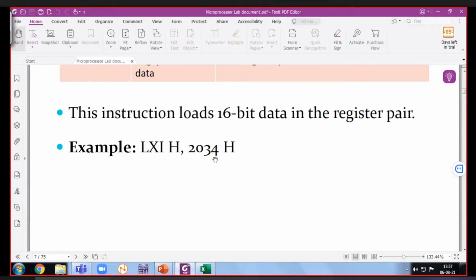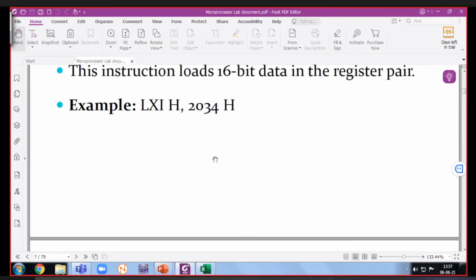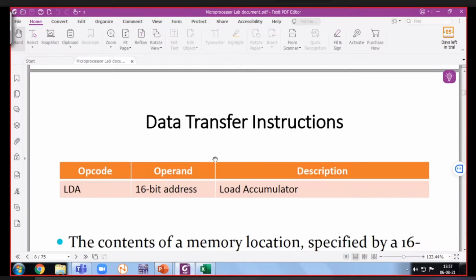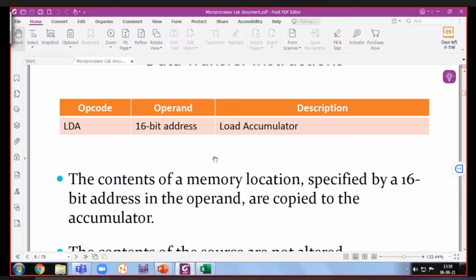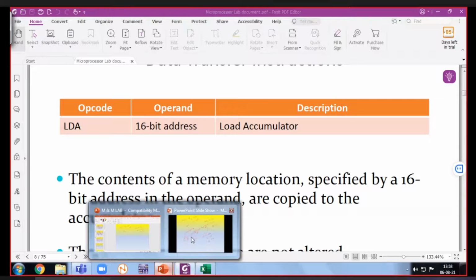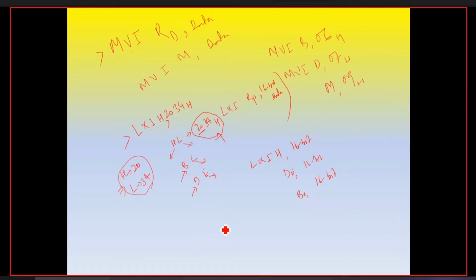Now LXI is 2034. Then we have LDA, LDA 16-bit address. Suppose the instruction is LDA 2000.